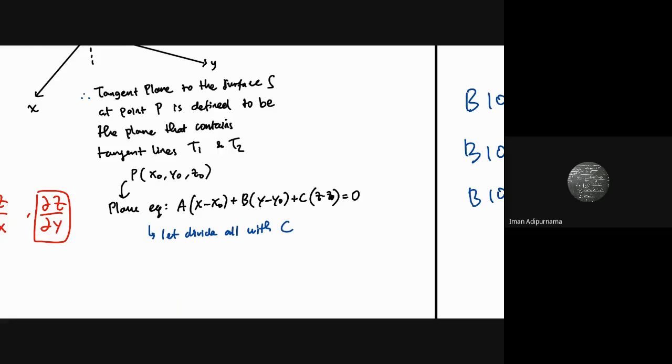So divide by C, divide by C, divide by C. This is just 1, right? And I will move this to the right side. But let me write the Z first and then equal.